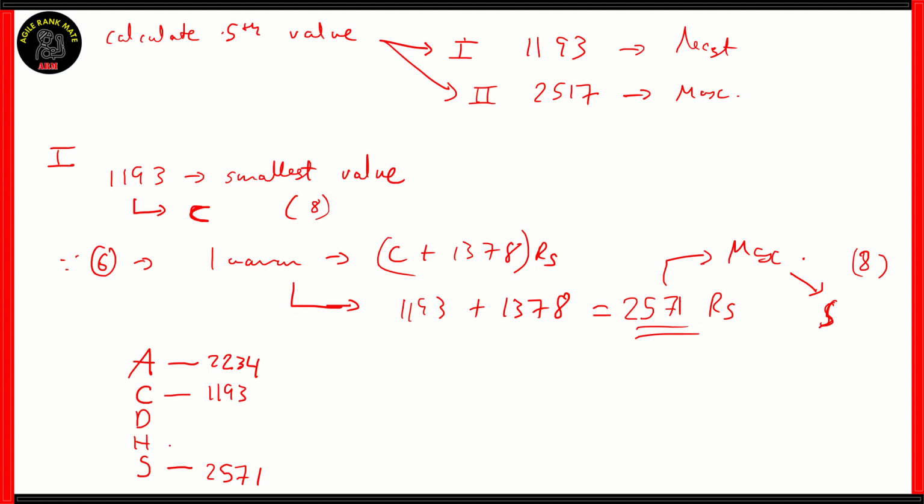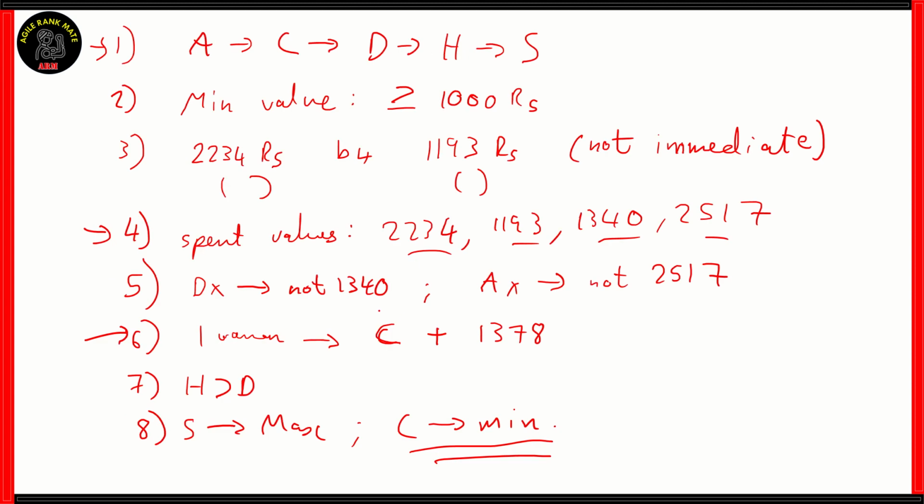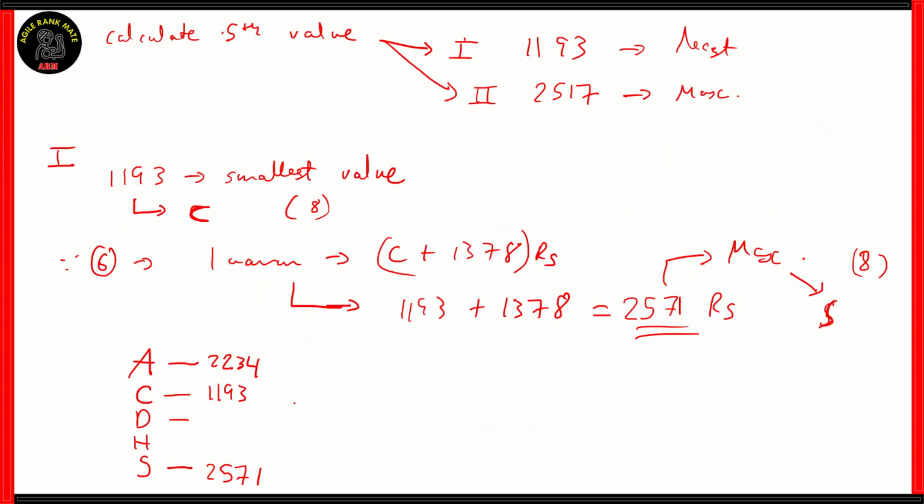We also know that Dhenuka cannot take 1,340 rupees. This is according to clue 5. So therefore, the only other value that she can take is 2,517 rupees. And finally, we can see that Helen has to spend 1,340 rupees in order for this particular possibility to hold true. However, if you look at this particular scenario, you see that it violates clue number 7.